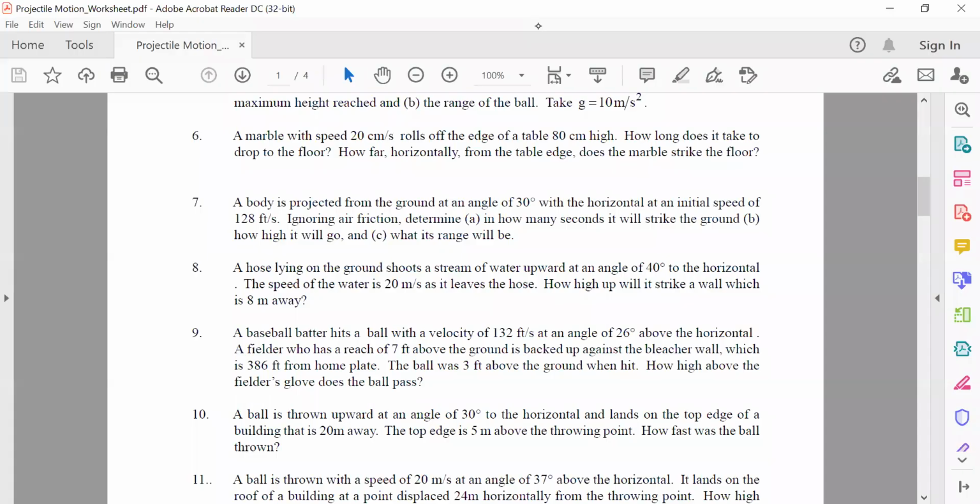Okay, so let's go through question number 9 first. A bit of calculation in this question, especially units and all. The projection speed is given to you, the angle of projection is given to you. The fielder is 7 feet above the ground against the bleacher wall, which is 386 feet from the home plate, and the ball was 3 feet above the ground when it was projected.